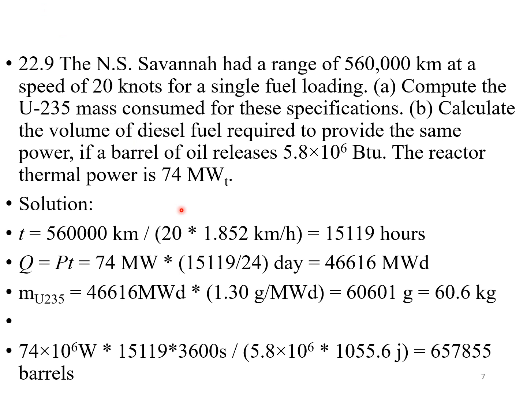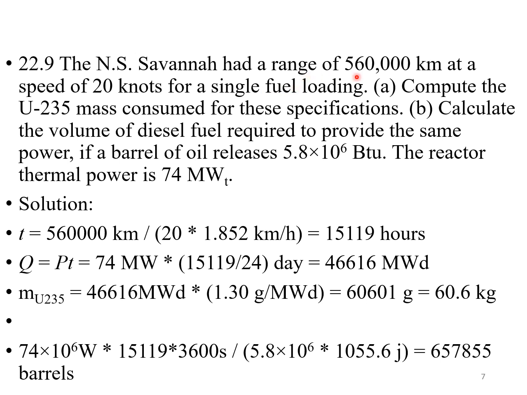To calculate the total amount of uranium-235 consumed, we need to know the total amount of heat produced. We have the reactor thermal power. Then the other missing information is the duration of time.